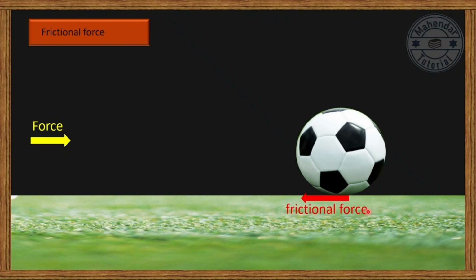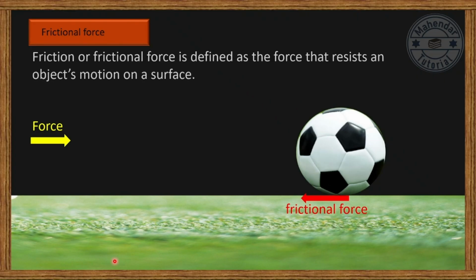The frictional force always opposes the motion of the object. It means if the force is acting towards the right side, frictional force acts towards the left side. Frictional force is defined as the force that resists an object's motion on a surface.